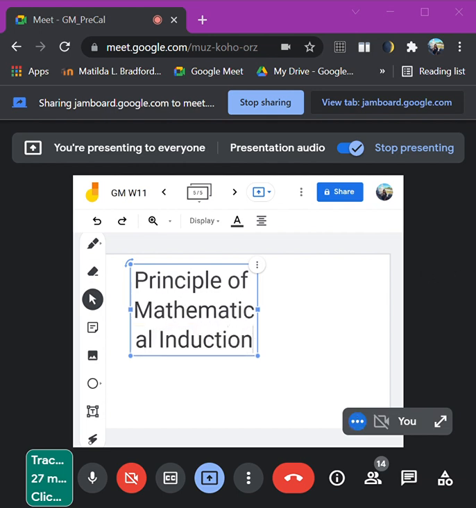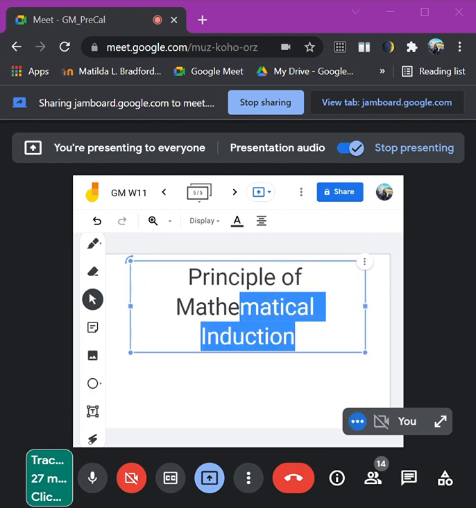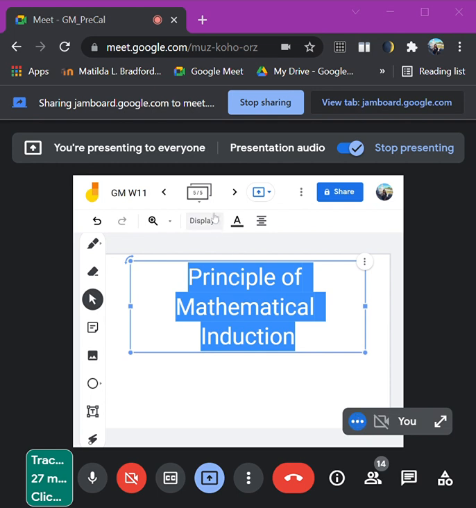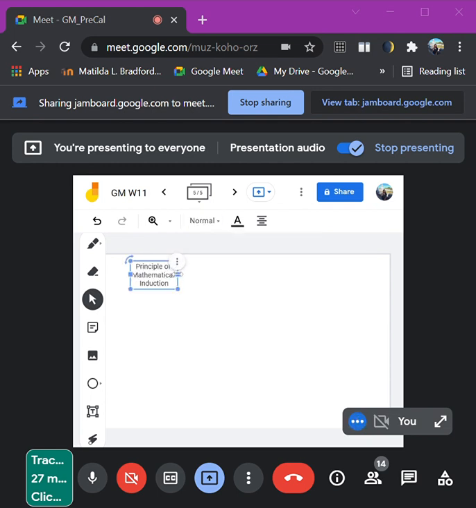So, dapat ato siyang itanawon nga applicable gyud ang tanan integers niya using that specific statements. So, in principle of mathematical induction, we are going to suppose P of n statement involving the positive integer. Also suppose that the following two conditions are satisfied.